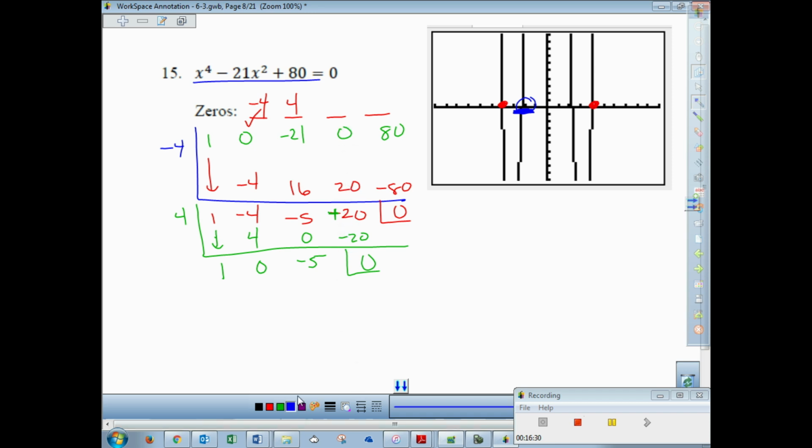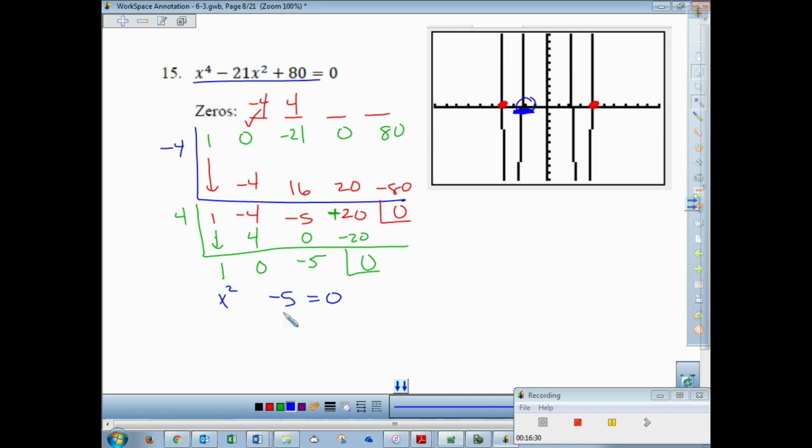Nice. Now, this right here is a quadratic because there's only 3 terms. This is x squared plus 0 x's minus 5. I want to know when it equals 0. I like this one. Due to the fact that there's no x to the first, you don't have to do the quadratic formula on it.